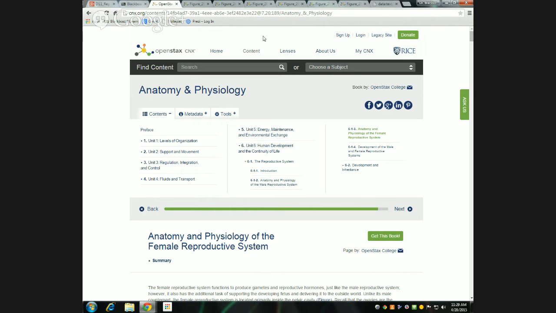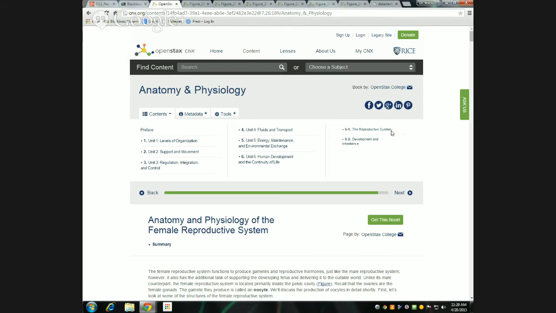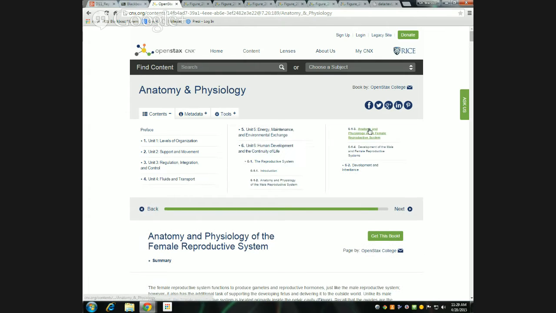So we're in the last unit of the book. There are 2 chapters here: the reproductive system chapter and development and inheritance. We are dealing with the reproductive system chapter. The introduction part, of course, is just the opening blurb. There's nothing to it much.